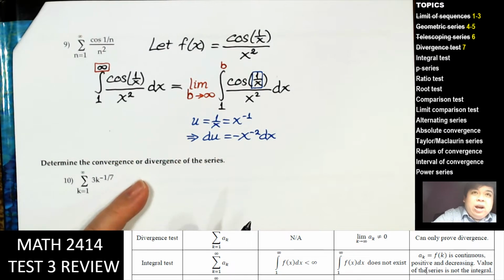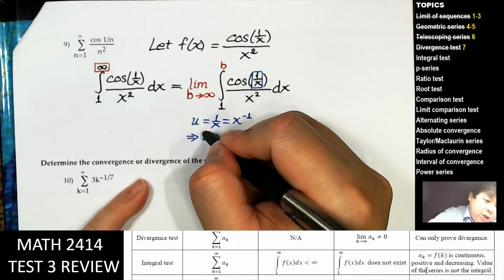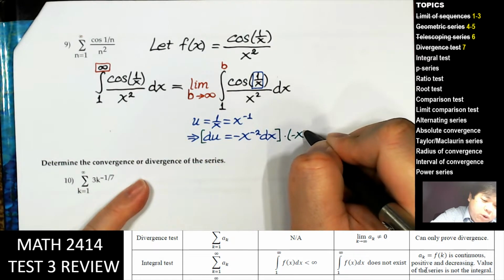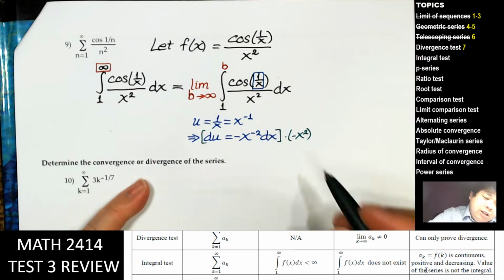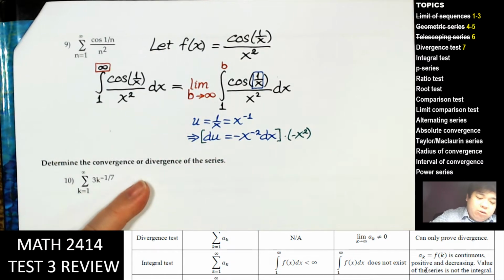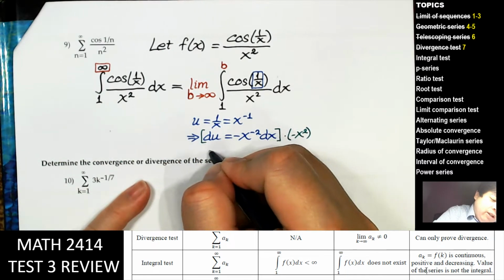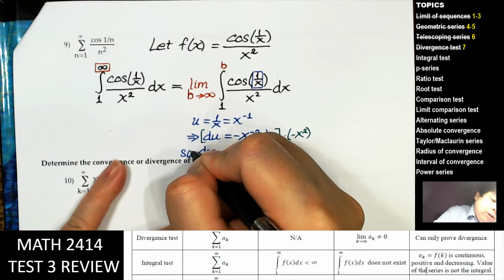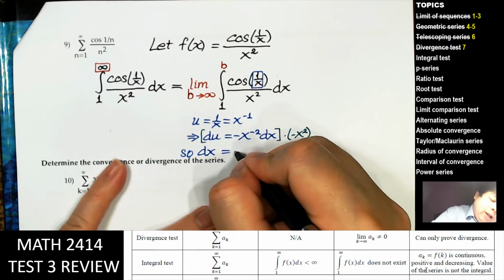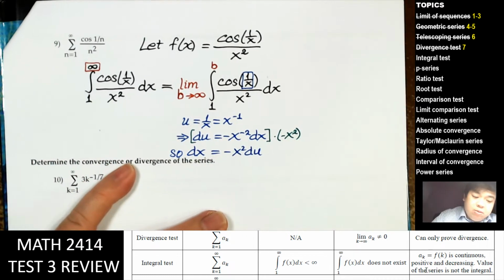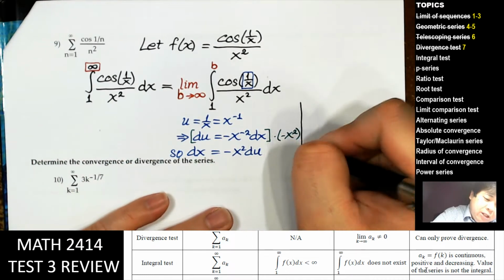I just multiply both sides by negative x squared. The x squared and x to the negative 2 cancel out, negative and negative cancel out. So basically we just have dx equal to negative x squared du, and that is the substitution.